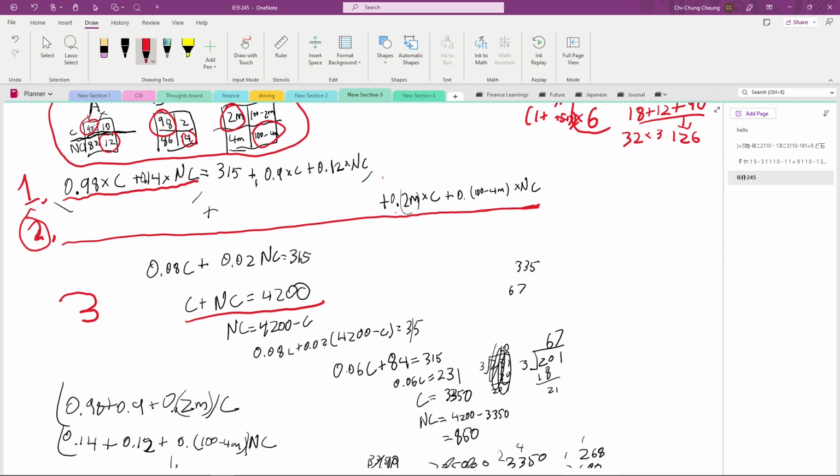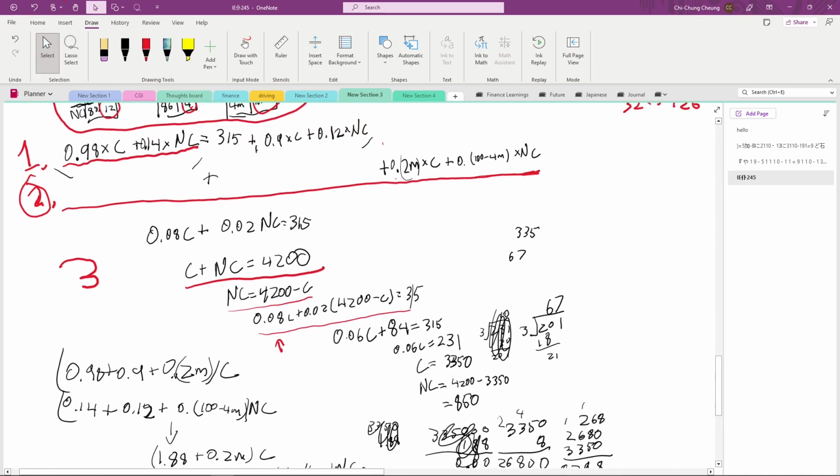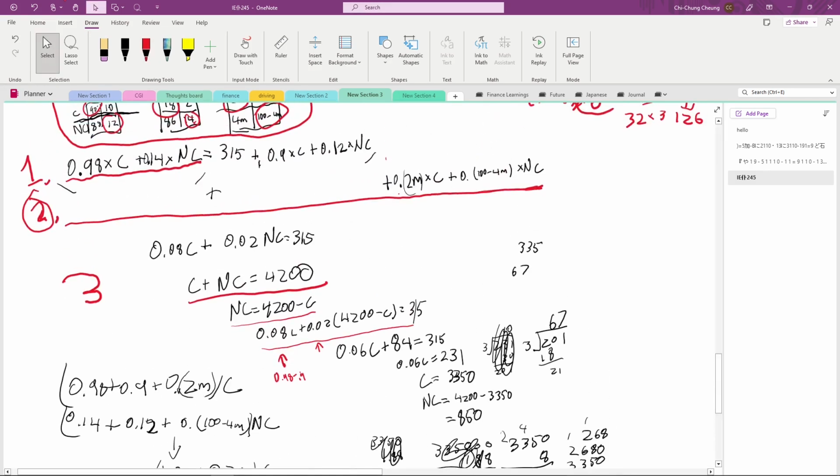You just rearrange equation 3, and then you plug it into equation 1, where it's simplified, because this equals 0.98 minus 0.9, and this equals 0.14 minus 0.12.